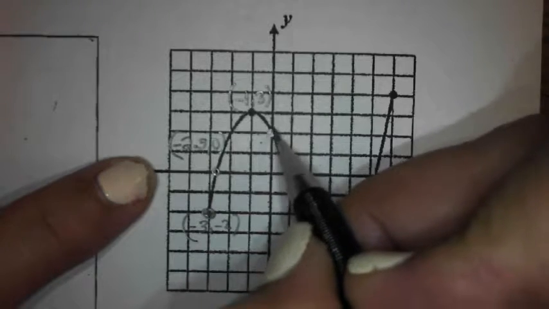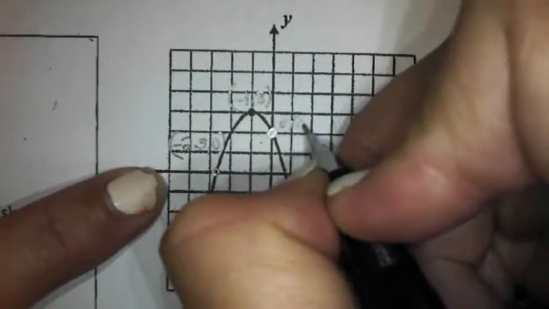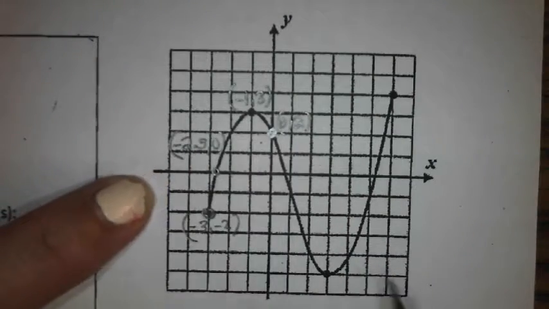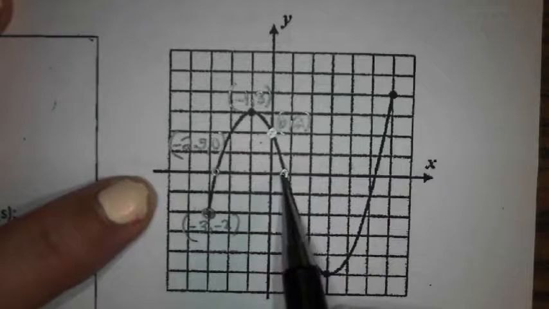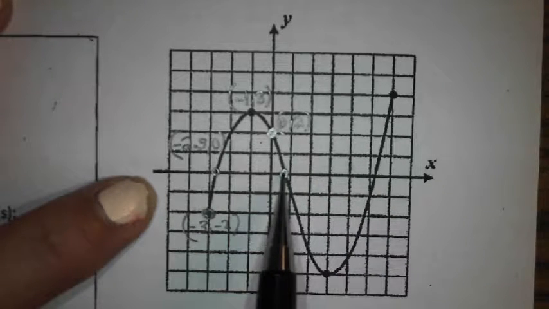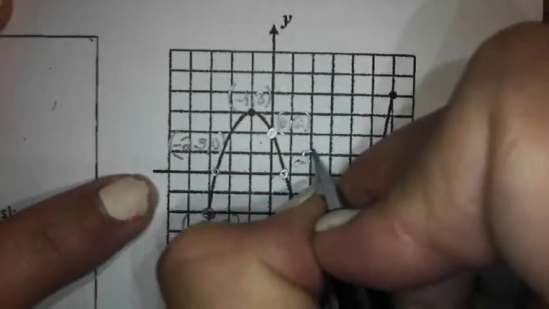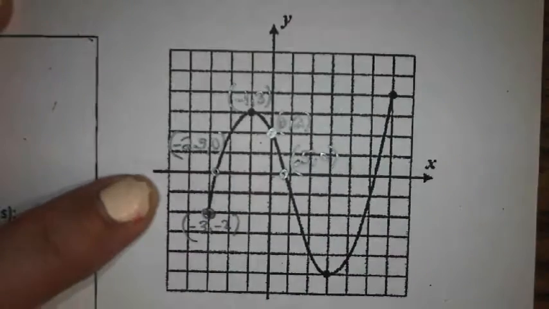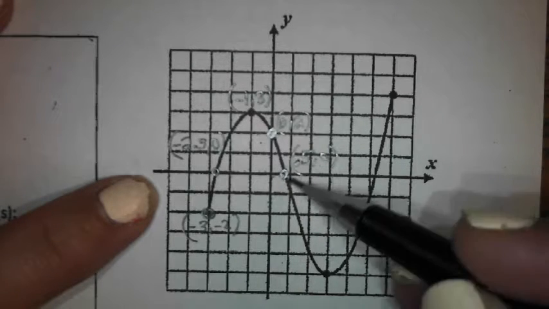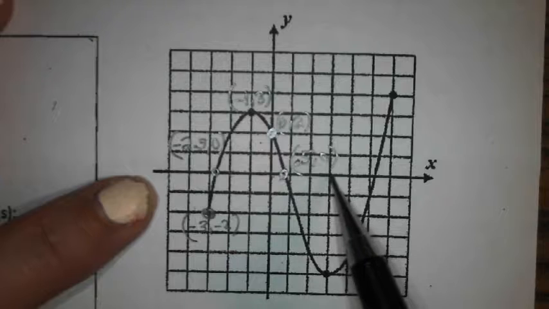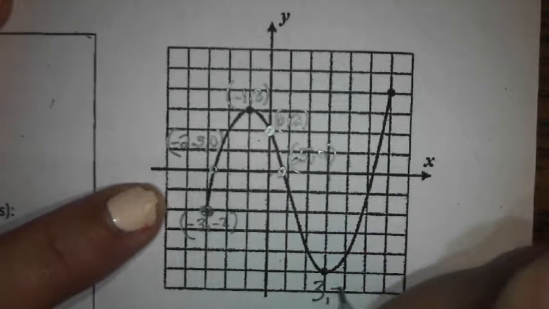Y-intercepts. That's (0, 2). Here's another x-intercept at, let's say just 0.5 to keep it simple. Here's another minimum point, which is at (3, -5).